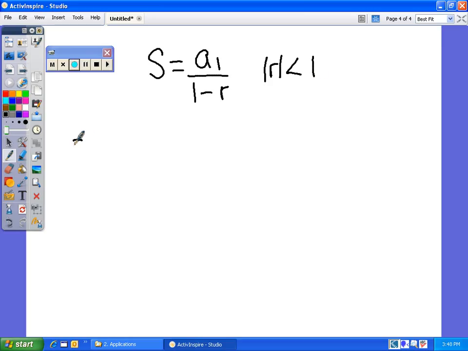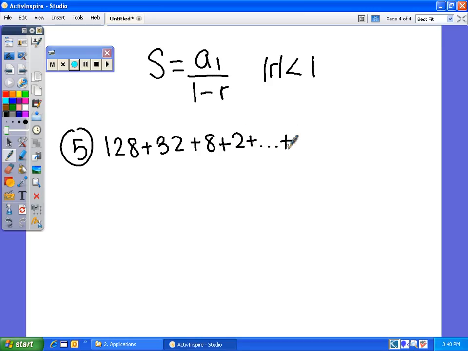Alright, so number 5, we have 128, 32, 8, 2, and so on. We can clearly see that this is an infinite series, so we are going to be able to use this. The other thing we need to check is whether the ratio is bigger than 1 or less than 1.